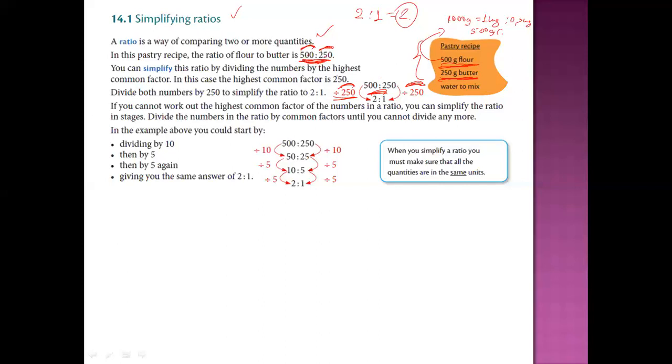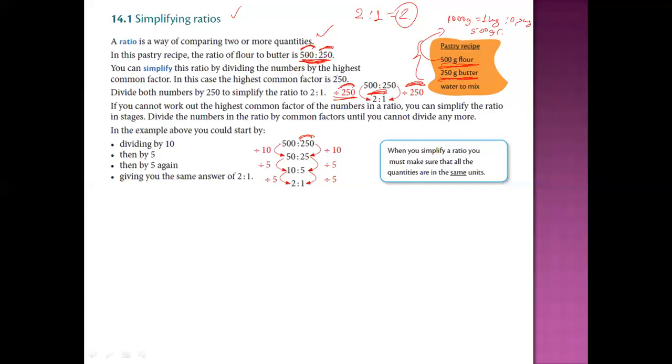If you cannot work out the highest common factor of the numbers in the ratio, you can simplify the ratio in stages, step by step. First of all, if you don't know the highest common factor, you can do it in stages.